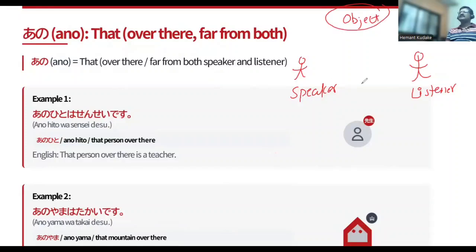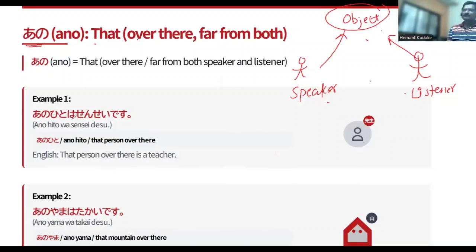This object is away from the speaker and listener, so we will call it ano. Ano means "that over there." It is away from the speaker and away from the listener.